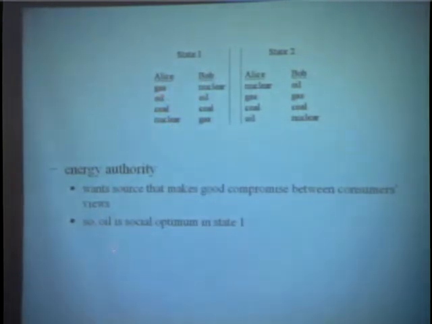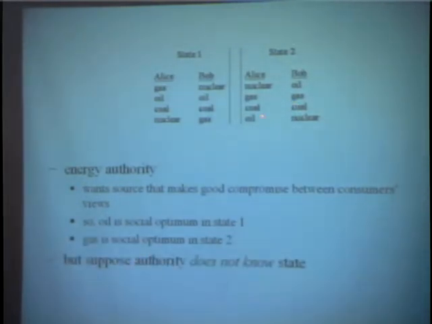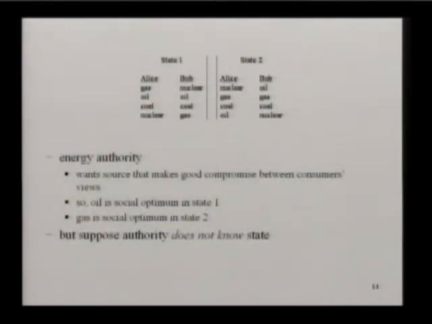So that leaves oil as the right compromise in state 1. And similarly, gas is the right compromise in state 2. I've set up this example so that state 1 and state 2 are very symmetric. So basically anything I say about state 1 can be translated into a similar statement about state 2.